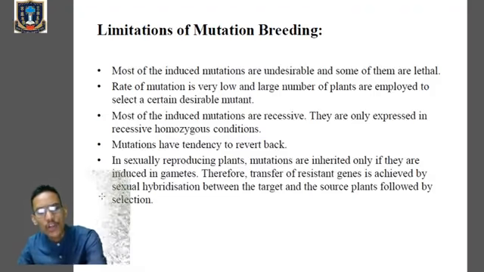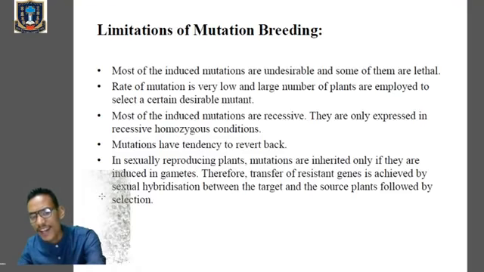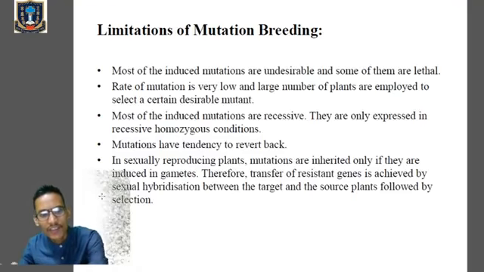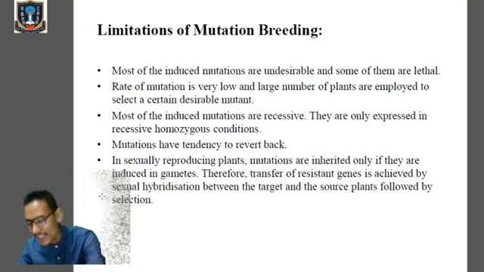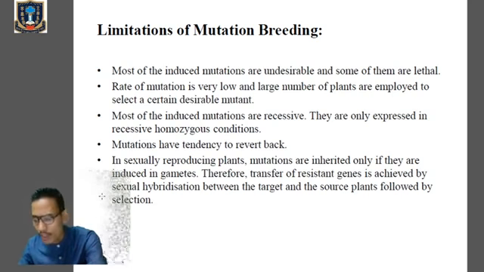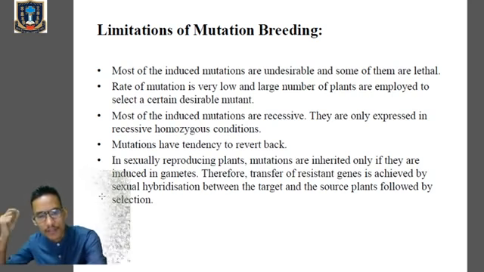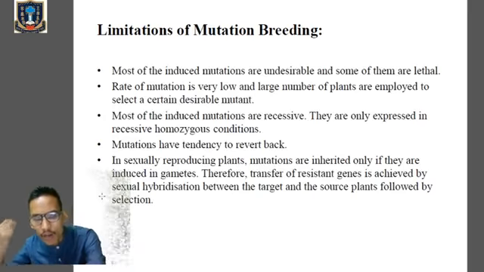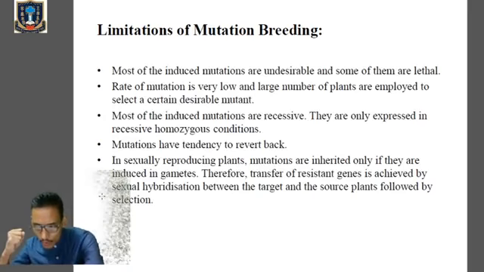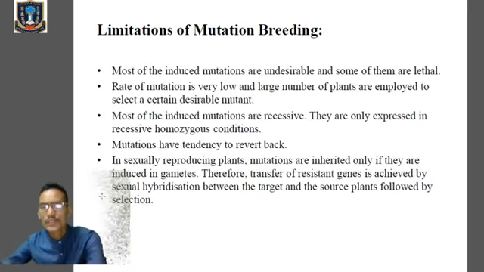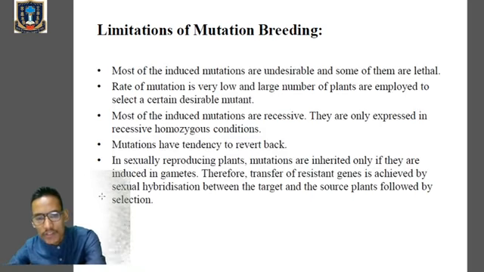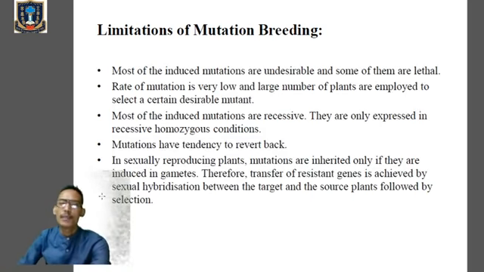And in sexually reproducing plants, mutations are inherited only if they are induced in the gamete. That means in sexually reproducing organisms, for the mutations to be inherited from one generation to another, those mutations should be induced in the gametes.